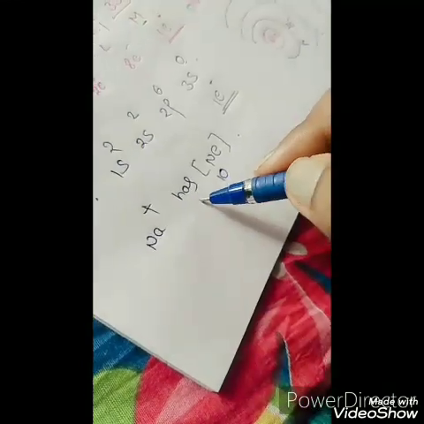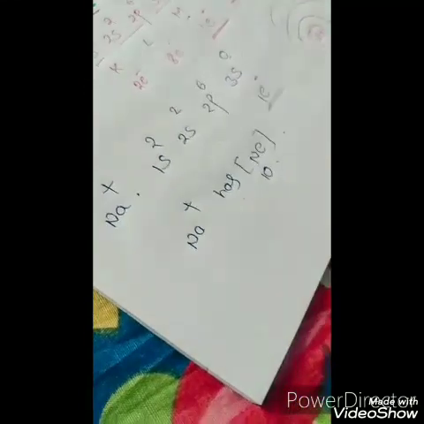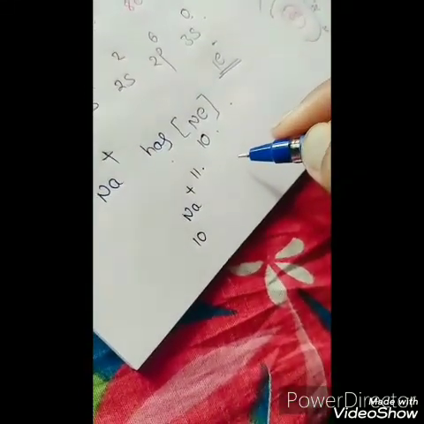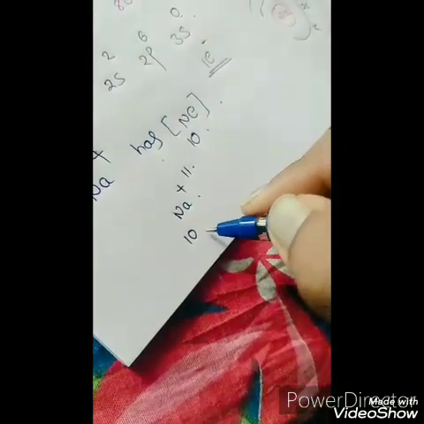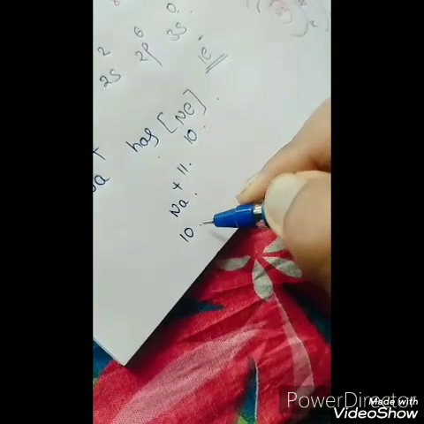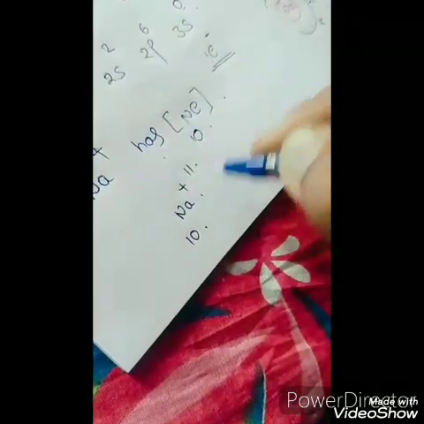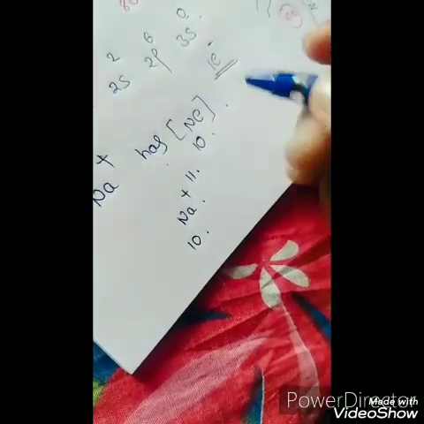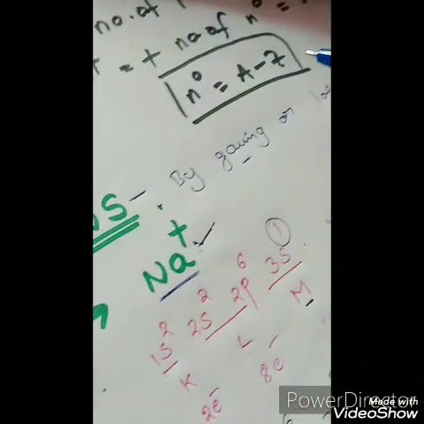So Na plus ion has the electronic configuration of neon. For this Na plus ion also, we can calculate the number of electrons, protons and neutrons by using this formula.